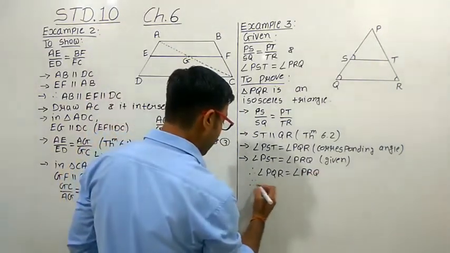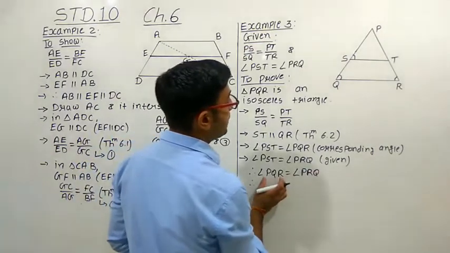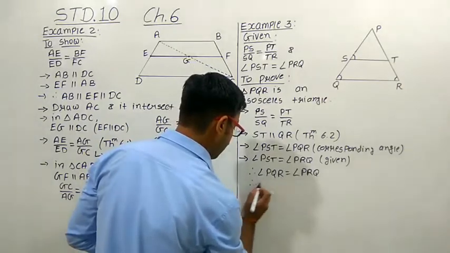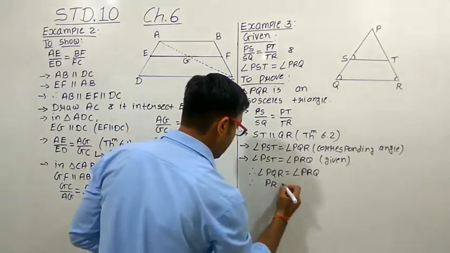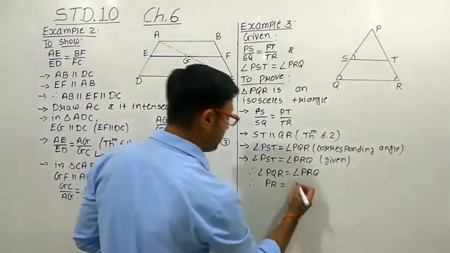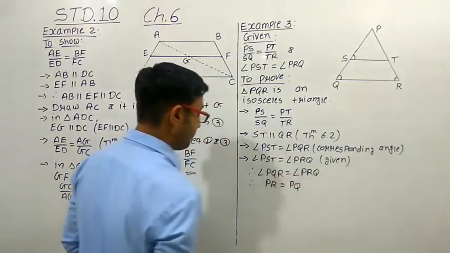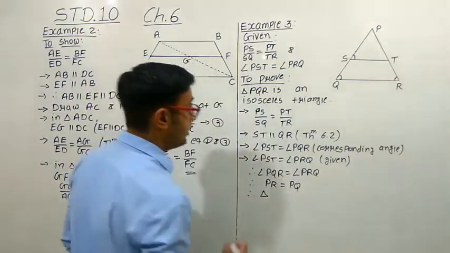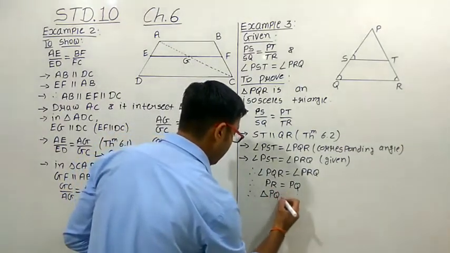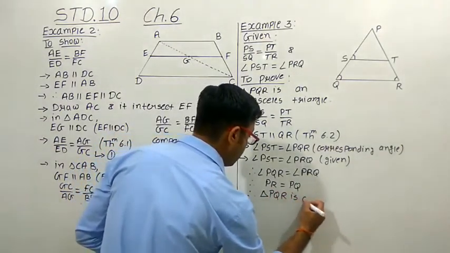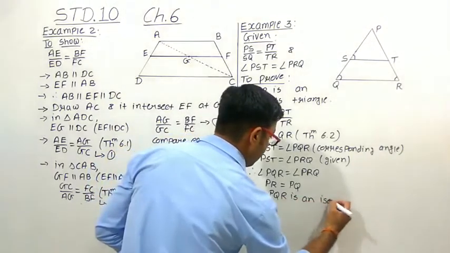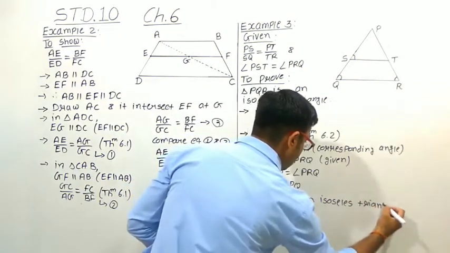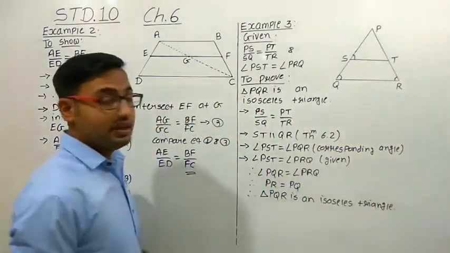And therefore we can write down that the opposite side of PQR is PR, and the opposite side of PRQ is PQ. And therefore we can write down that if two sides of a triangle are equal, we can say that triangle PQR is an isosceles triangle. Right? This is the result.